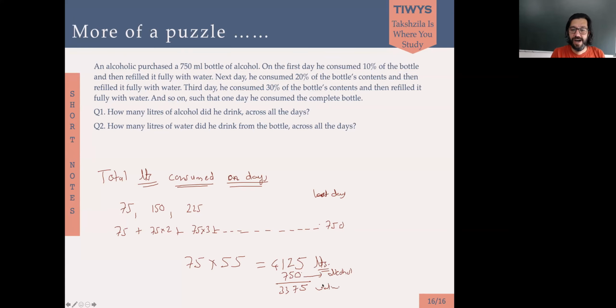So, okay, how could you do that, Shivam? Yeah. So this is the total liters consumed, right? So you have alcohol over there. The question is water, right? And remember now, last day here, this is a consumed part, but then he is not adding anything here. That's the end of it. He would have added the previous day, whatever he did, 75 into 9.